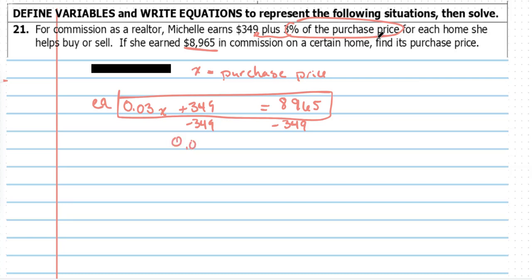So we have 0.03x is equal to 8,616. When we divide both sides by 0.03, we have x is equal to 287,200.